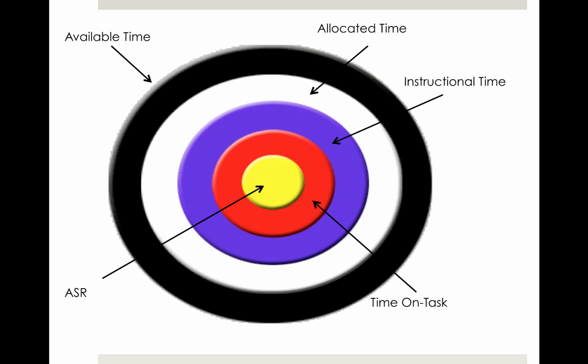Because that allocated time is when teachers have them, but so much time is spent in transitions or things like taking attendance, restroom breaks, all of those day-to-day activities. And then we have actual instructional time. And during that instructional time, there are also lots of transitions, a lot of time where teachers are actually lecturing, are in front of the students doing most of the work for them.